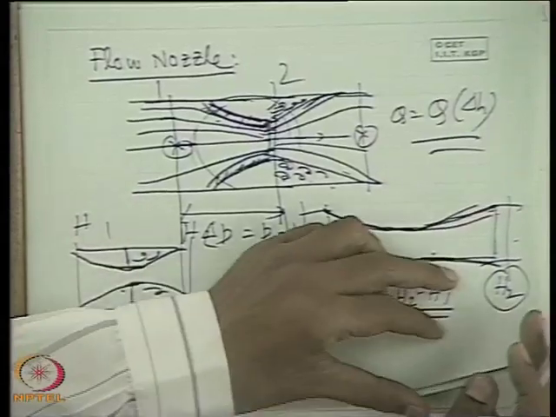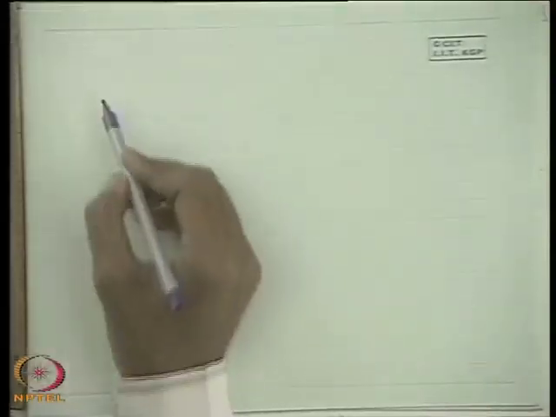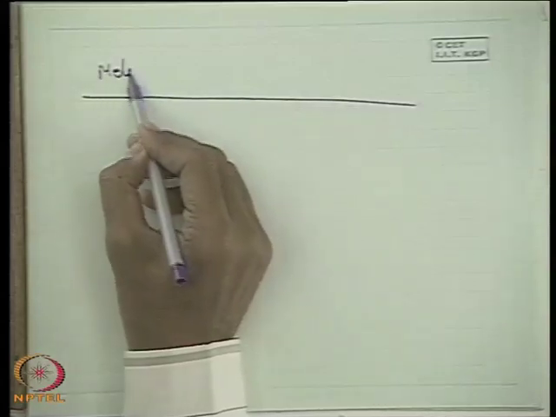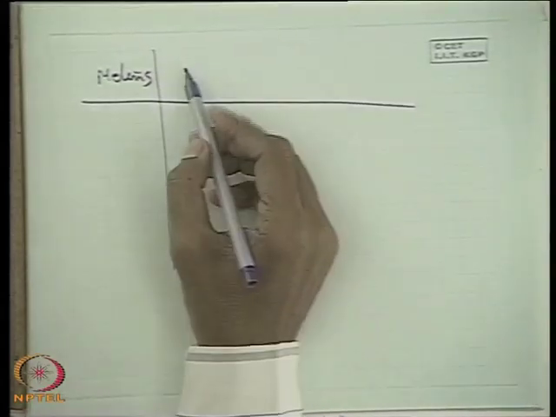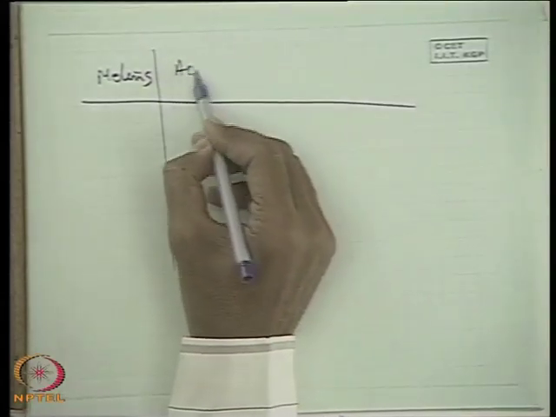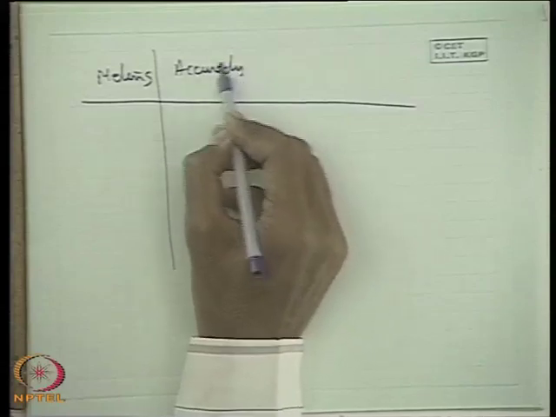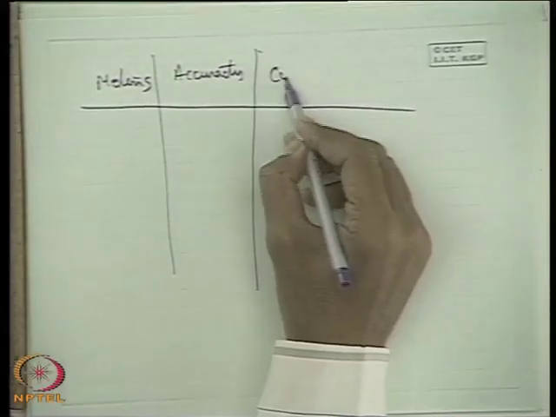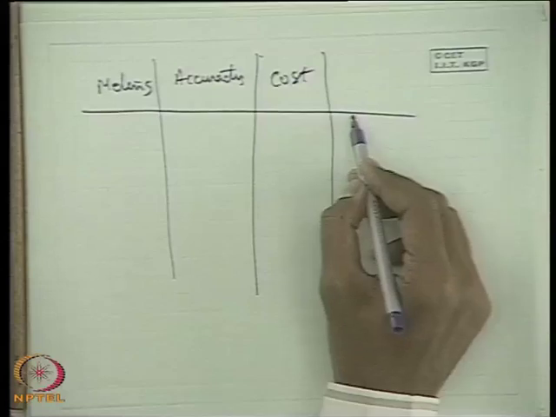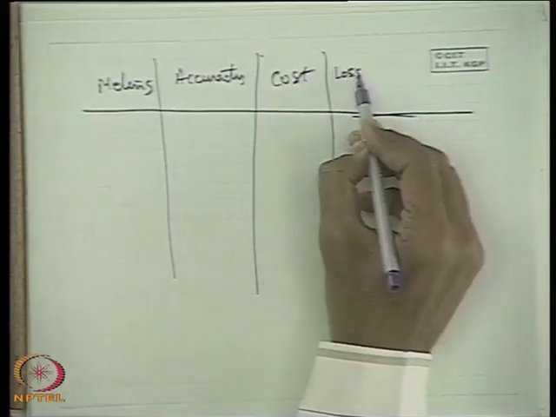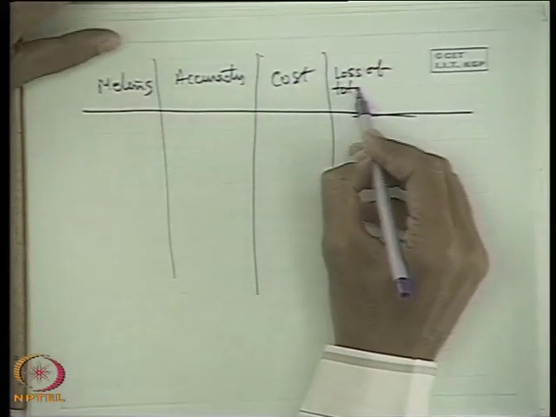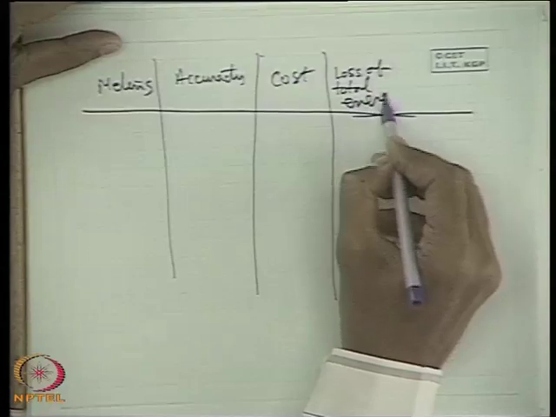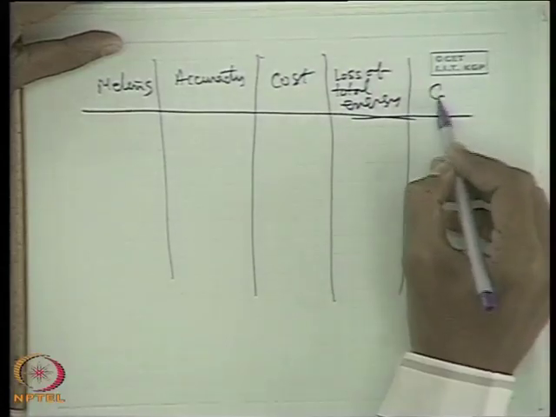If we compare the instruments, you list the meters, then the accuracy, then the cost, then the loss of total energy, and then the value of CD.